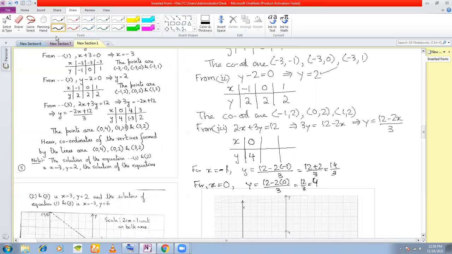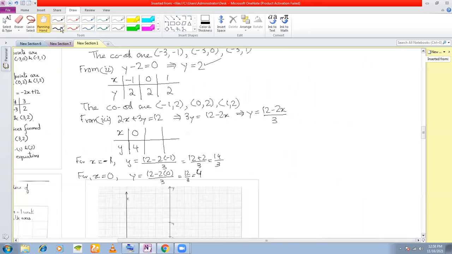Okay. Let me work this out here. For x is equal to 1, y is equal to (12 minus 2 into 1) divided by 3, which will give you 12 minus 2 divided by 3, 10 by 3, again a fractional value. So we'll try to avoid this value.